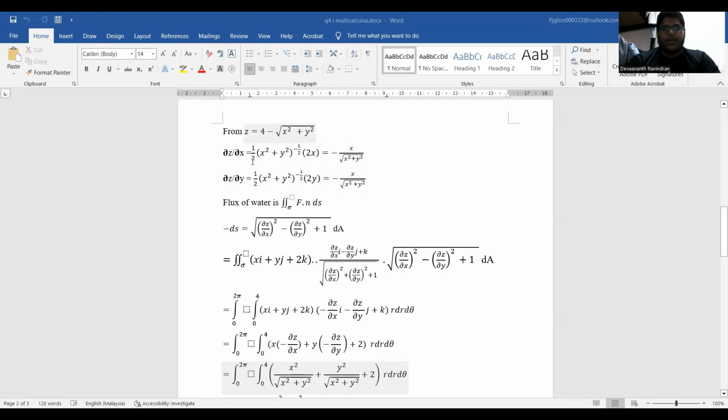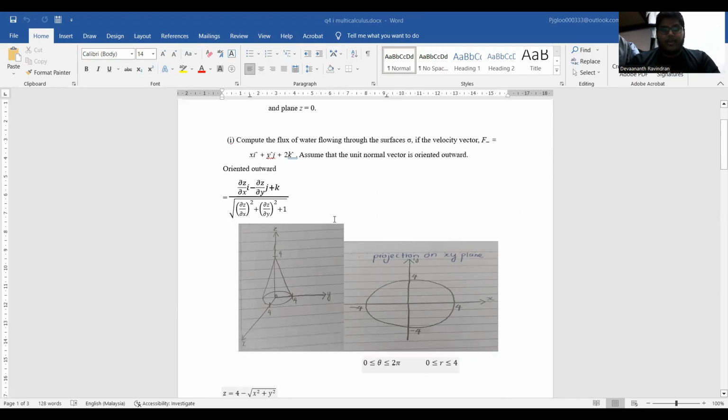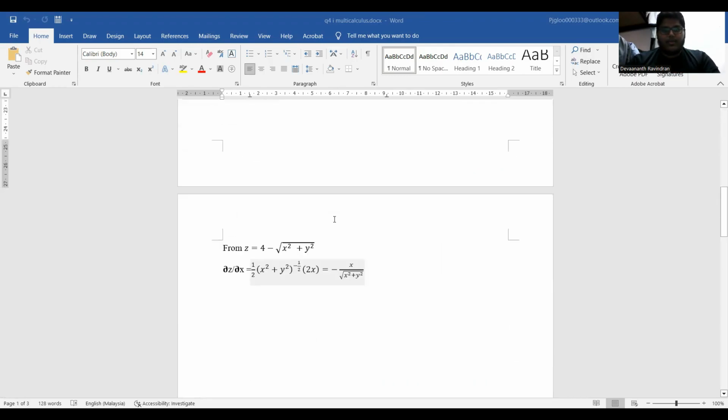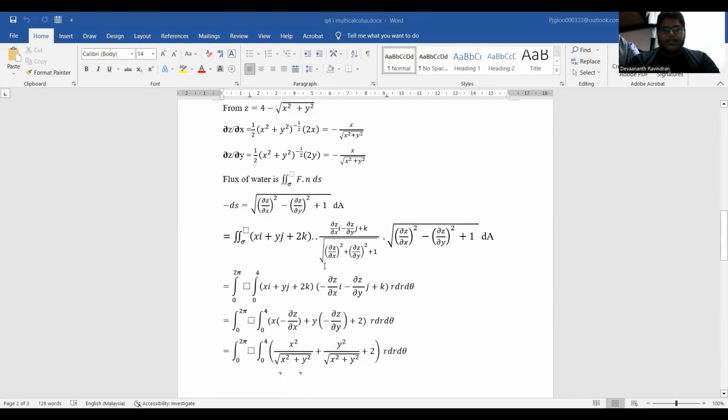So we have to verify that, we have to compute the flux. We just have to substitute: the square root of (dz/dx) squared minus (dz/dy) squared plus 1 dA.